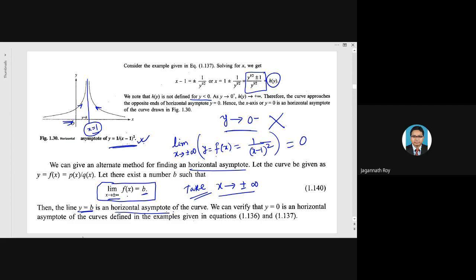This will imply y equals 0 is a horizontal asymptote of the curve.